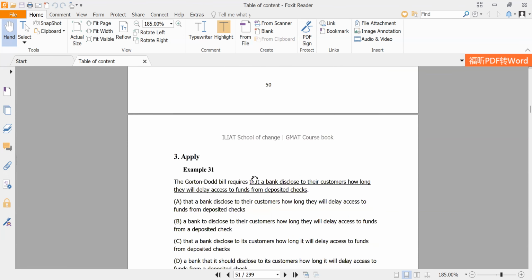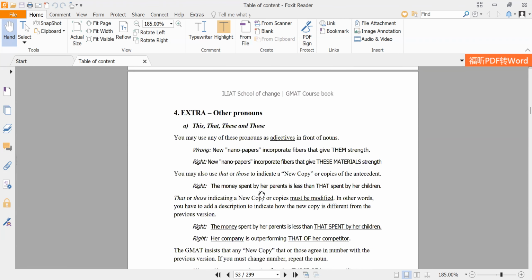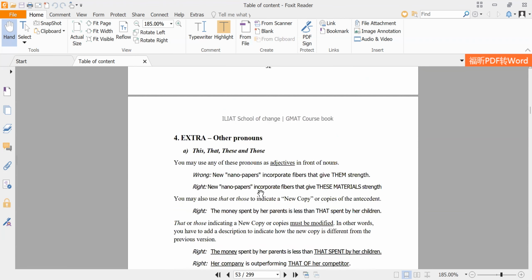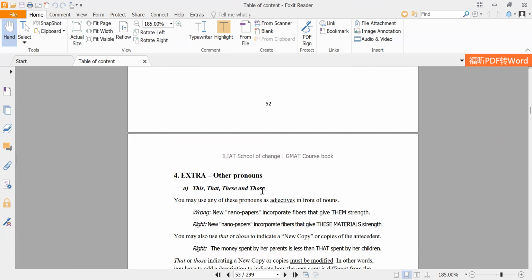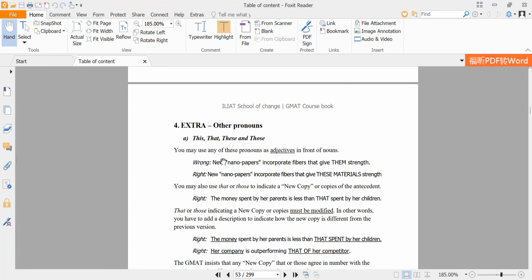All right. And so now let's get to some last nitty-gritty details of pronoun usage on the GMAT. And these are especially important because you're not going to find this anywhere else, especially with other English tests like IELTS, TOEIC, TOEFL.